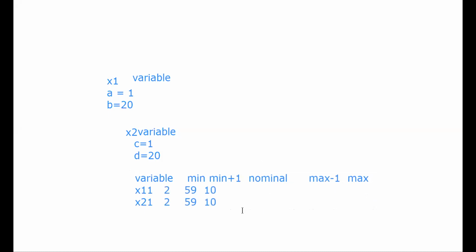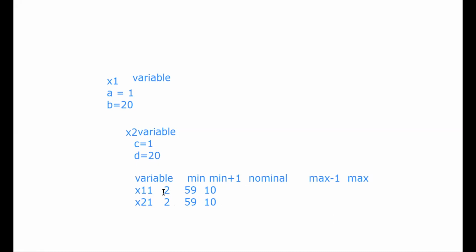Now we need to construct it. I hope this is clear. X1 is the variable, 1 is the minimum value, minimum plus 1, like that it will go on. If you are getting confused, we'll see this example tomorrow also, no problem.